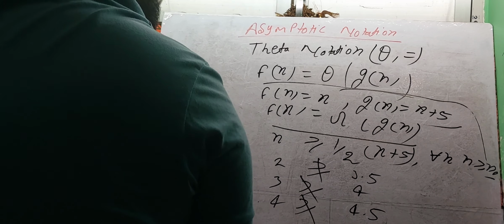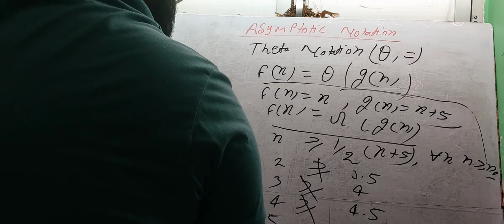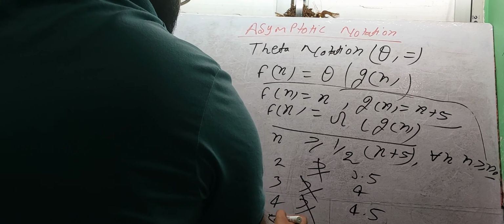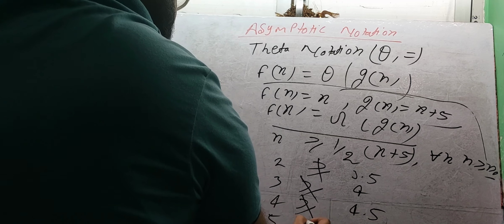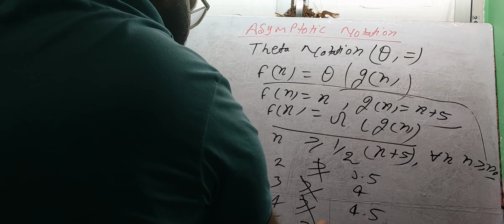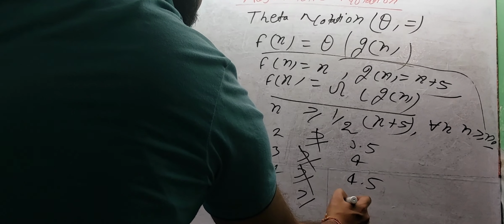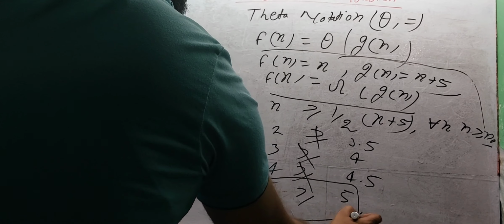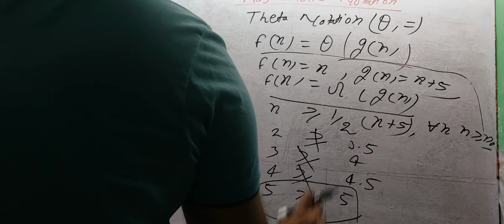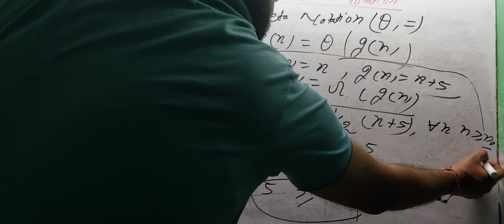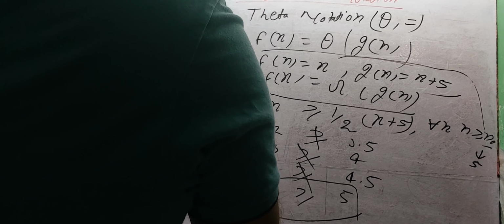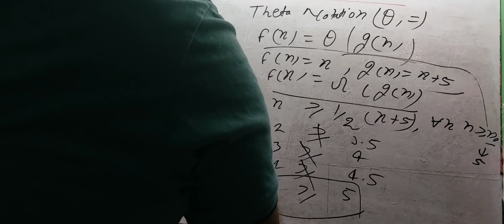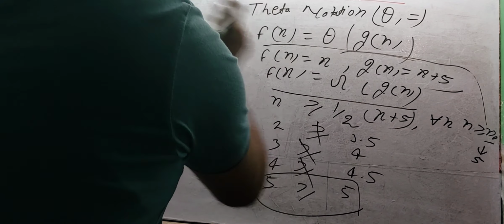Now take 5. Here 5, and here 5 plus 5 is 10, 10 by 2 is 5. Yes, this is equal. From 5, if we take n naught as 5 for omega, then all values greater than 5 will hold good for this condition.